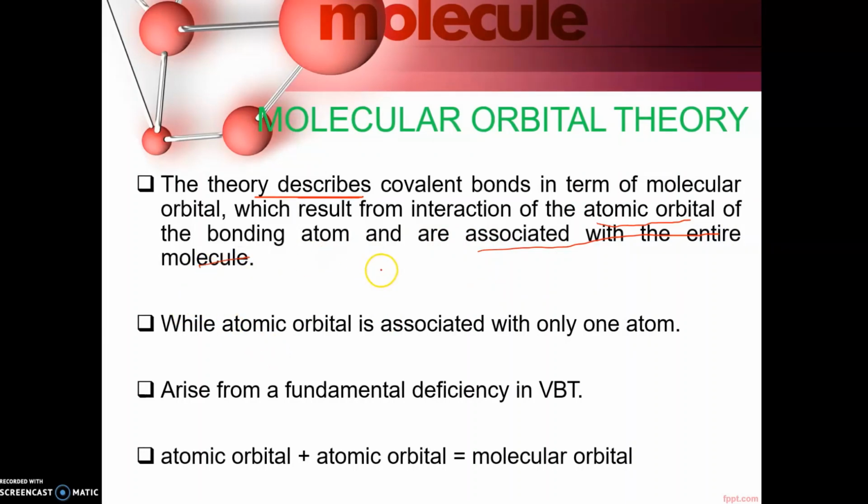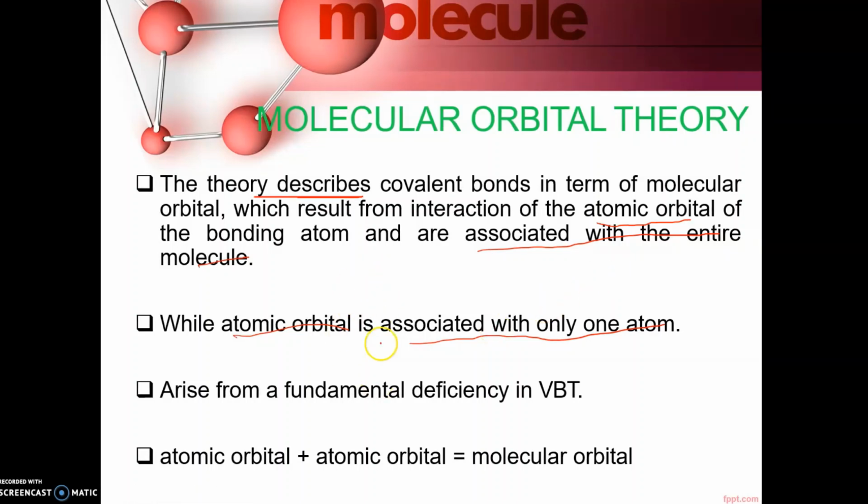So what's the difference between molecular orbital theory and atomic orbital theory? An atomic orbital is associated with only one atom. As you remember, before this we only focused on the central atom.